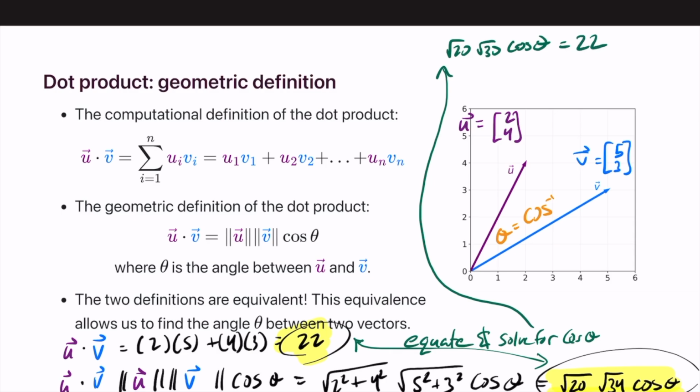We'll get the cosine by itself, and that will give us cosine theta equals 22 over the square root of 20 times the square root of 34.